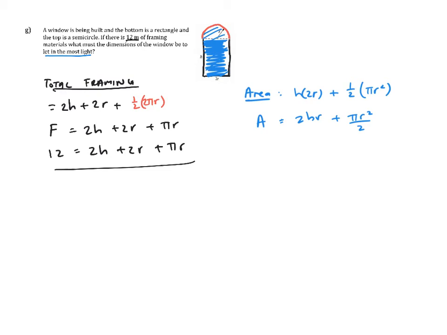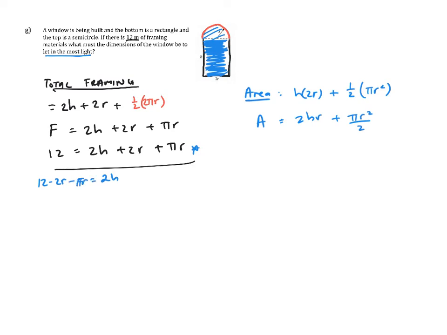Now we just need to do simultaneous equations, and you need to decide whether you want to substitute h into it, or substitute r from there to there. Okay, so I think it's easier to get h alone. So 2h is equal to 12 minus 2r minus pi r.